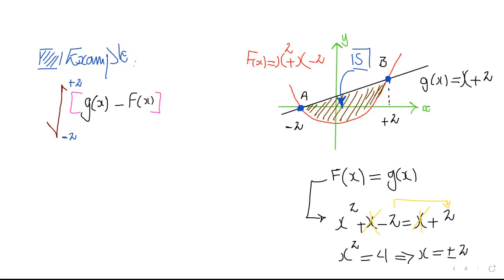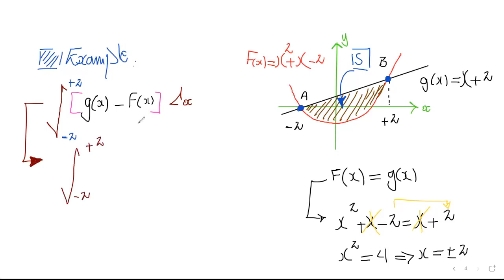And at the end, we know that we have to multiply that by d of x, which represents the variation along the x. Now, what do we do? We just put the values in there from -2 to +2.